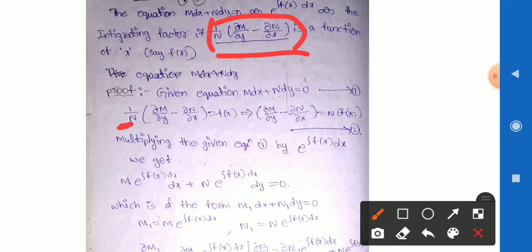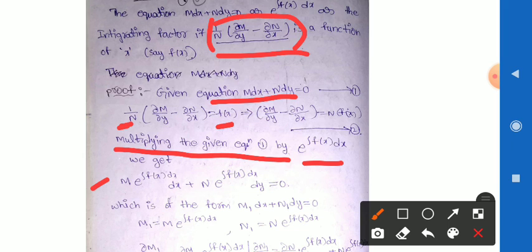Now multiplying equation 1 by e raised to the integral of f(x) dx, we get M times e raised to the integral of f(x) dx, dx, plus N times e raised to the integral of f(x) dx, dy, equals 0.